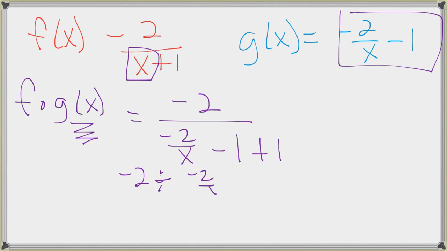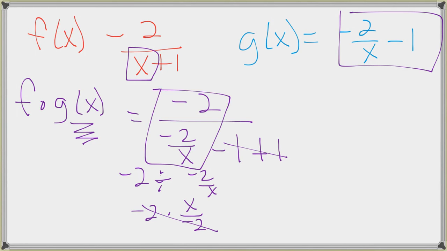You learned dividing fractions as keep, change, flip. So we did negative 2 times, flip, the x over 2. What happens to the 2's? They cancel. What's left is just the x. It's kind of an ugly fraction kind of thing, but it's all right. We're in Algebra 2. We can do fractions. When you divide fractions, you keep, change, flip.